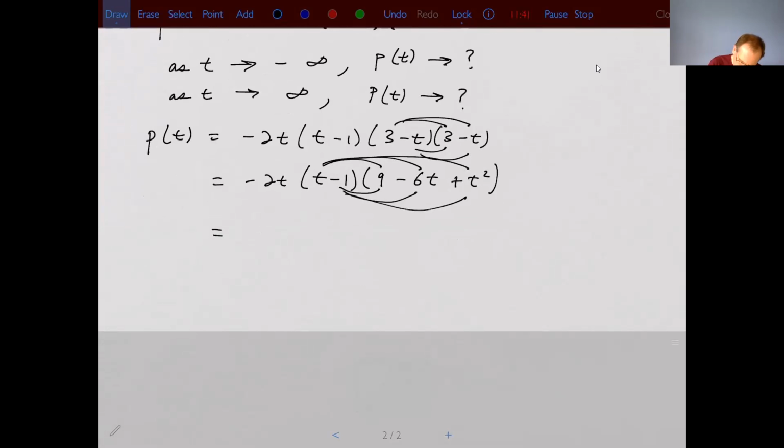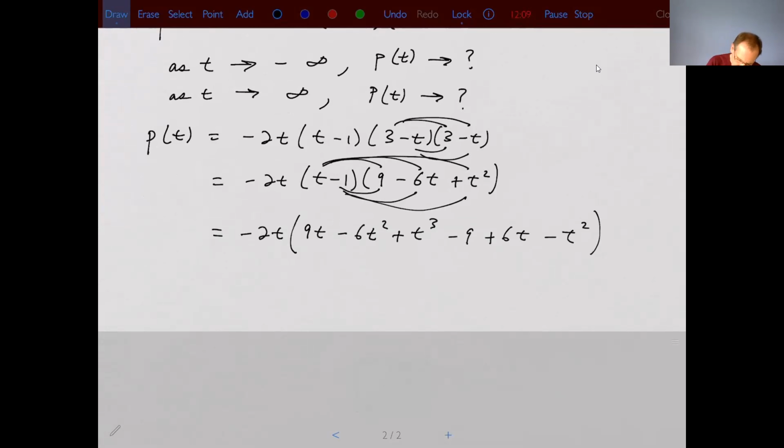So here I'm going to have 9t minus 6t squared plus t cubed. Then looks like negative 1 times 9 is negative 9. Negative 1 times negative 6t is plus 6t. And then negative 1 times t squared is negative t squared.